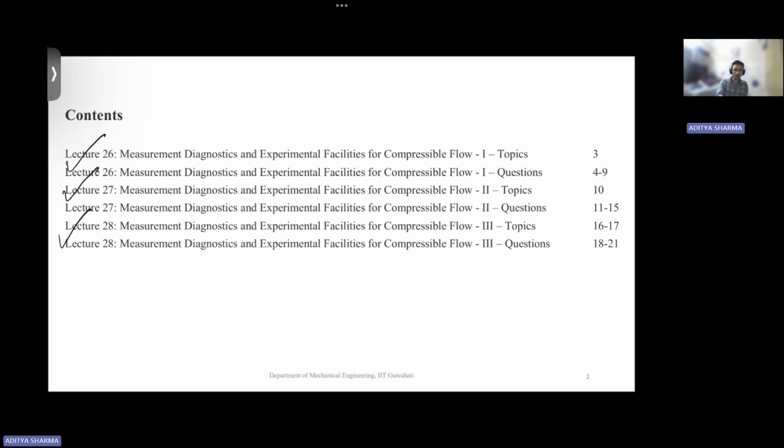Lecture number 27 discusses density variations, how we capture density variations. And then lecture number 28, there are experimental facilities that are used to study our flows.